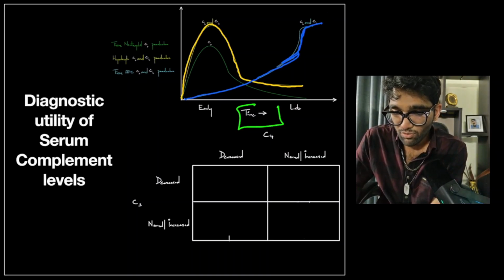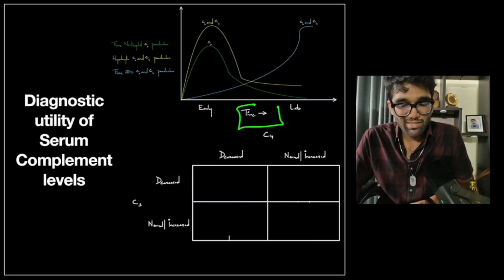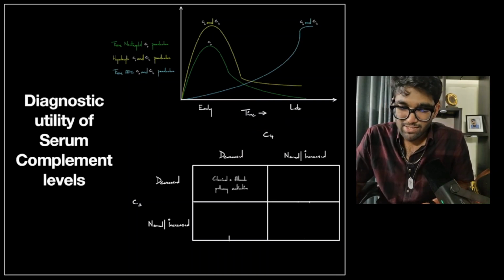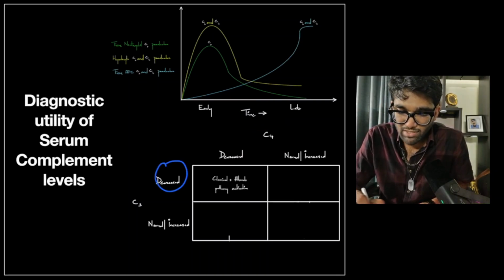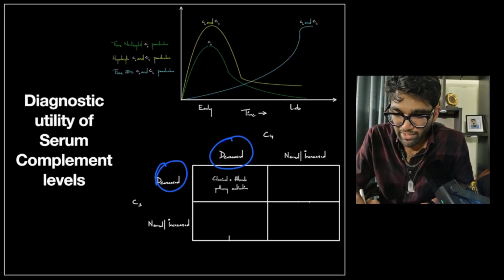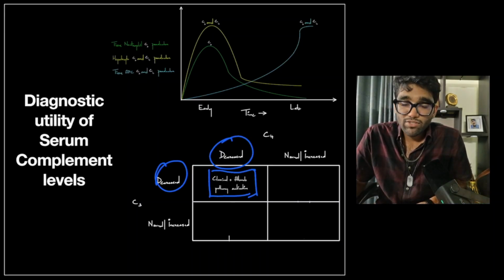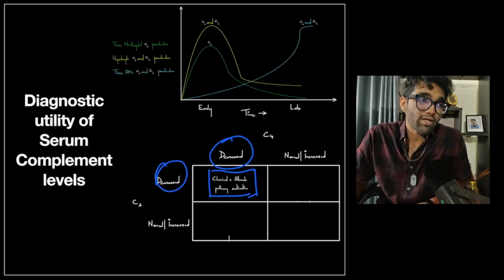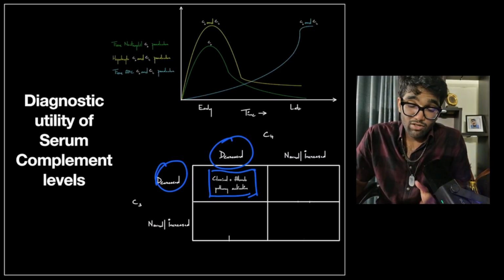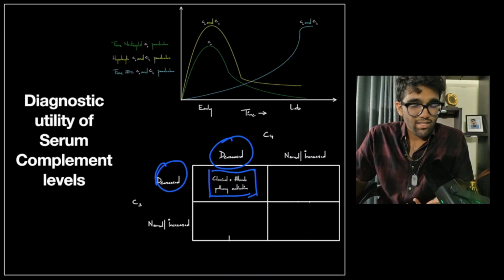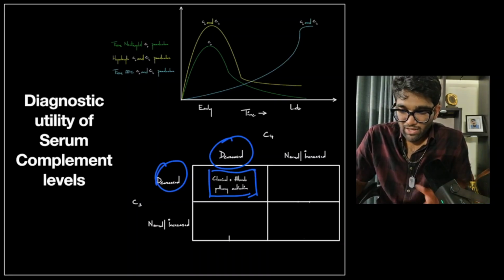Okay. So it's a little complicated, but the final analysis is this. So if you have a combined reduction in C3 and C4, what that implies is that there is an activation of a classical as well as an alternate complement pathway. So yeah, classical as well as alternate complement pathways. It could mean just isolated classical complement pathway activation also.